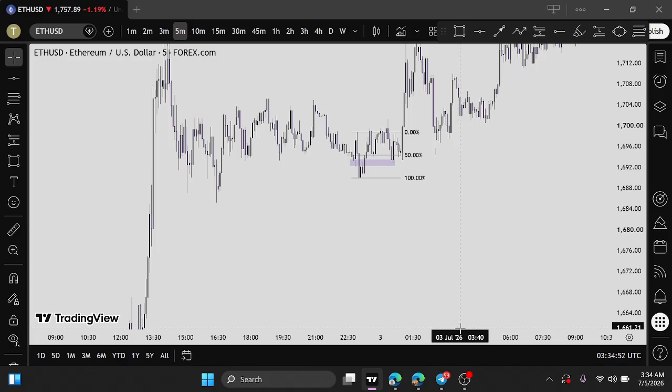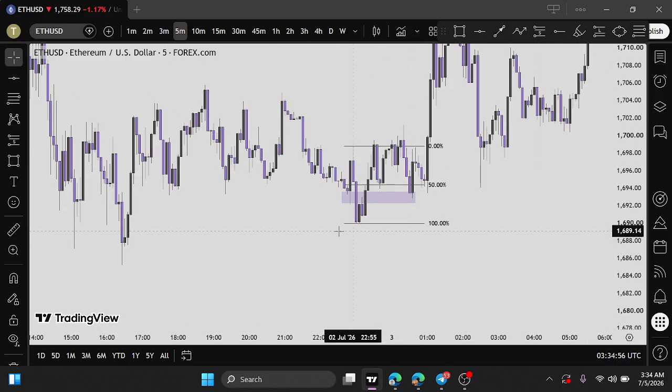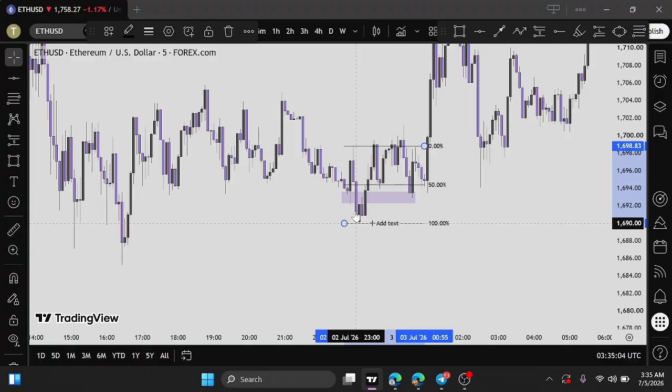And with this swing high and swing low that I used right there, you can see that the market tapped this point and started buying and took out this high that I marked as my high when using this Fibonacci, and it took it out with a full body, giving you that direction. So we can be more confident that the market took out this high, and we should continue buying if the market is in an uptrend.